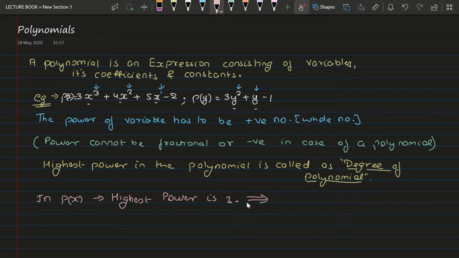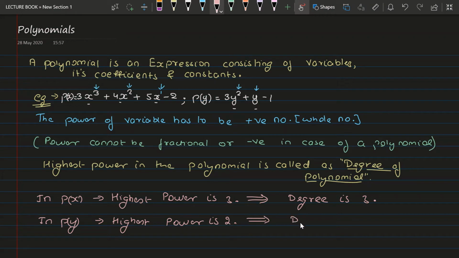This implies that the degree of that polynomial is 3. Same way, if I see my second polynomial, p of y, what is the highest power over there? Highest power is 2. Therefore, degree is 2.